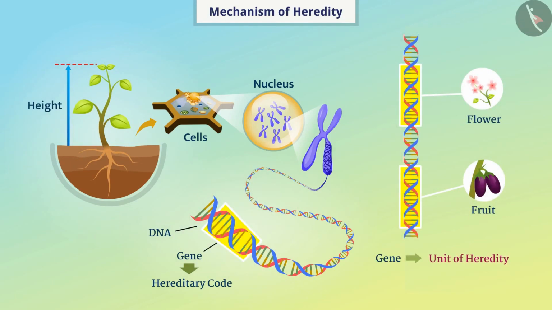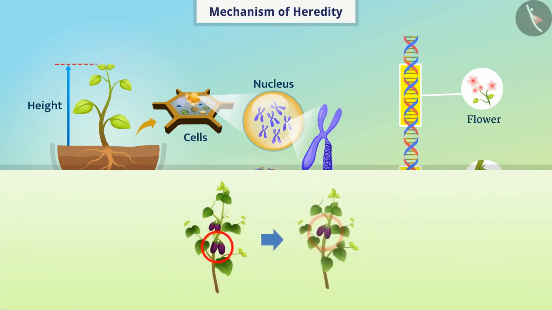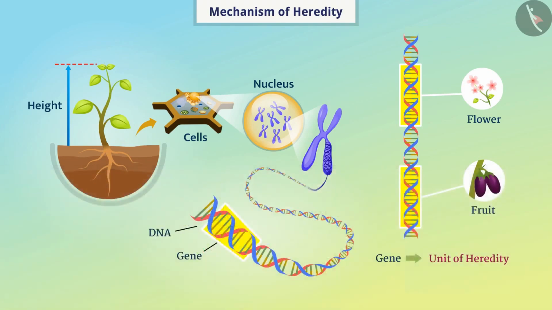The code of every character is stored in the form of genes in the DNA. Therefore, characters are transmitted from one generation to the next by transmitting the DNA through reproduction. That's why we call DNA the hereditary material.